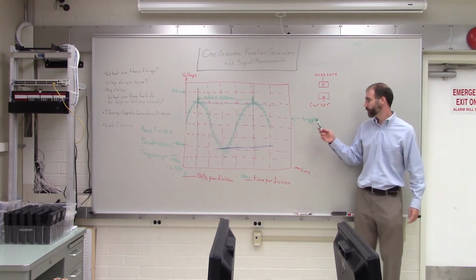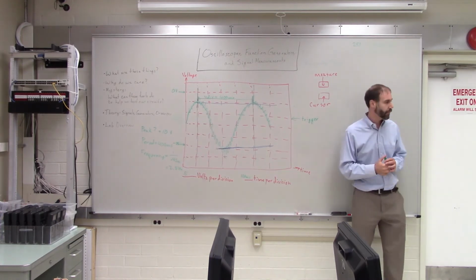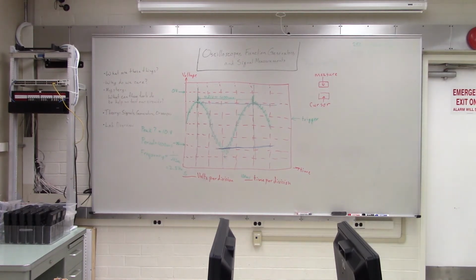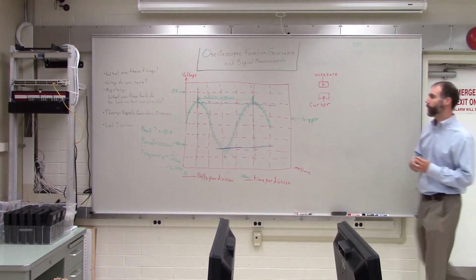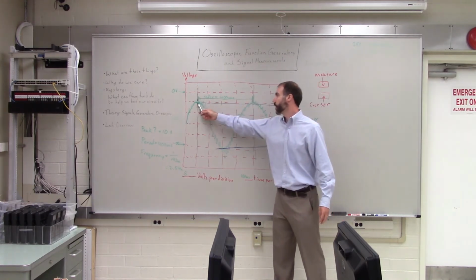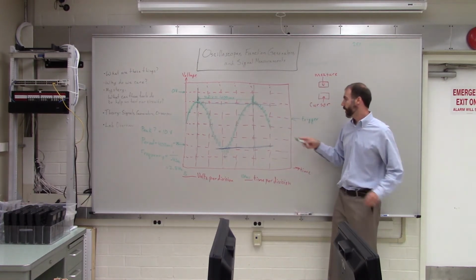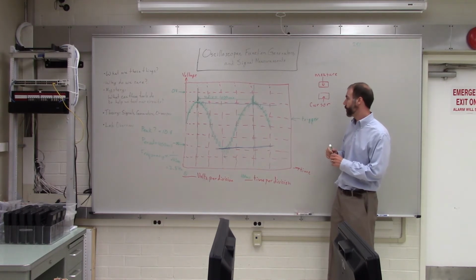Those are some really important things to include. Often when you're writing in your lab book, you will also want to include the period, an indication of where you're measuring the period and how long that is, and then some indication of the amplitude.